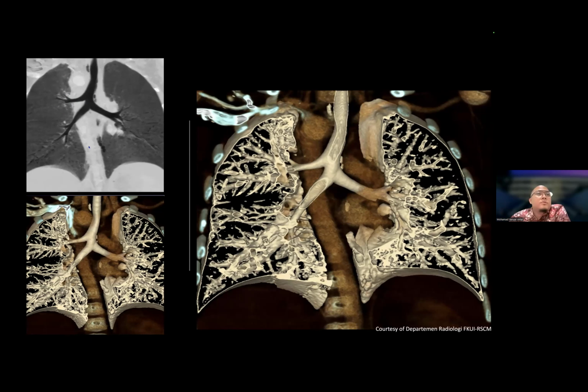We also need to inform the clinician about this, because when they put in the endotracheal tube, they need to know how deep to place it.